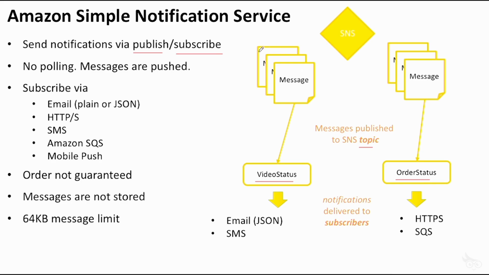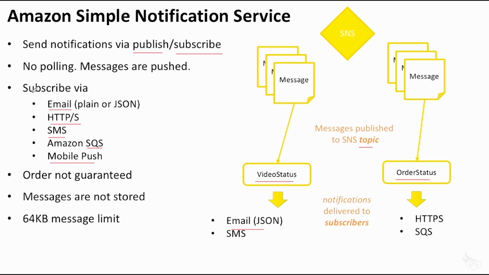And then when we publish messages to those topics, those messages get delivered by way of email. We can deliver those messages to an HTTP or HTTPS endpoint, through mobile text message, through mobile push notification, or we could have those messages pushed into a queue under the Amazon Simple Queue Service.